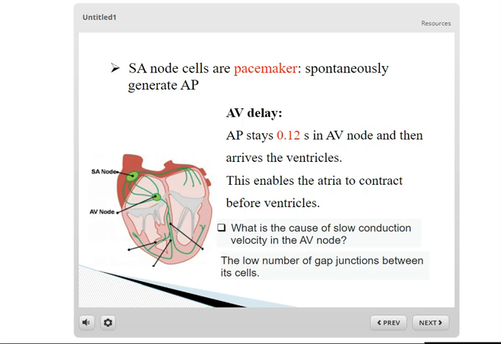As a whole, the AV delay of approximately 0.12 seconds in the cardiac conduction system is a crucial timing mechanism that enables the atria to contract and fill the ventricles before the ventricles themselves contract. This coordination between the atria and ventricle contraction is essential for the efficient and effective pumping of the blood throughout the body.